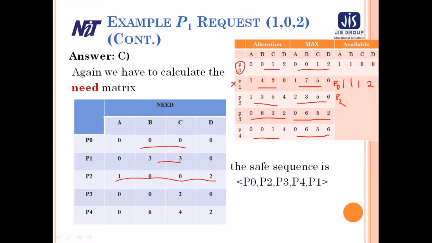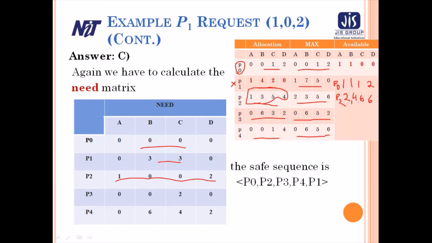After P2 terminates, its resources 1354 come back to our system. So after execution of P2, our current available is 2, 1 plus 3 is 4, 5 plus 1 is 6, and 4 plus 2 is 6.